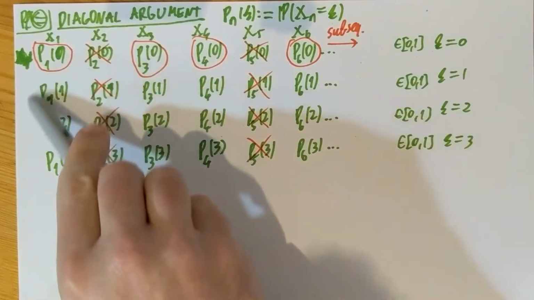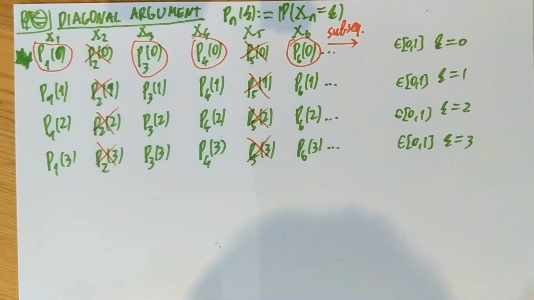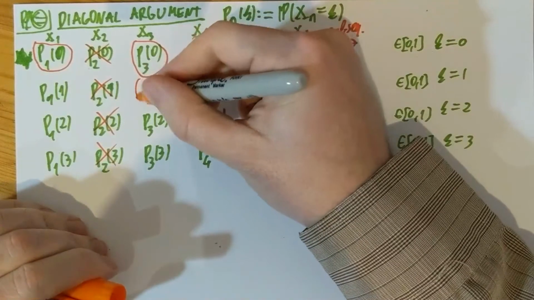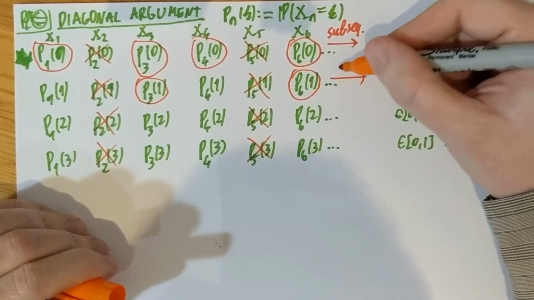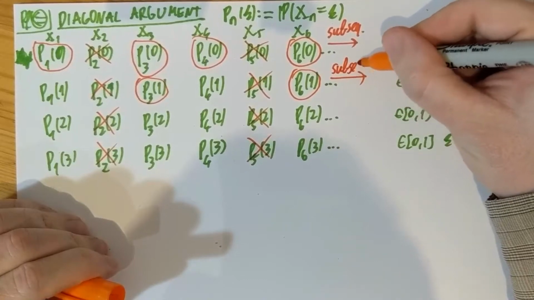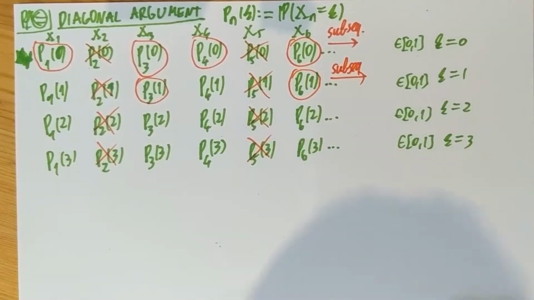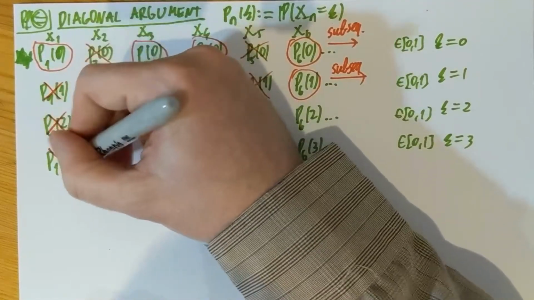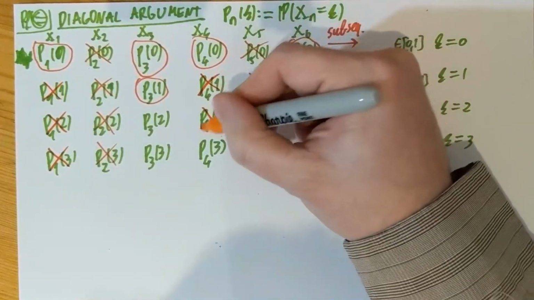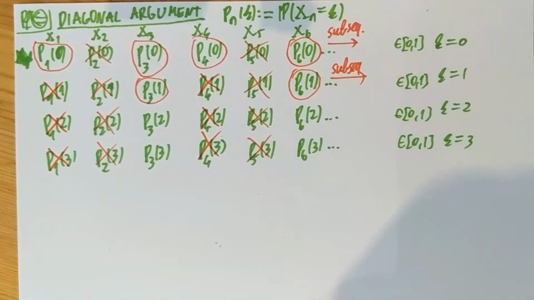In particular, I'm not very much interested in P1 because I want to make at least one step, but maybe these guys form again a convergent subsequence. So they converge somewhere because they are numbers between 0 and 1 in a compact interval. Every sequence of numbers in a compact interval will have a convergent subsequence. The ones I didn't pick, I immediately forget. And not only in that row, but in all of the rows.